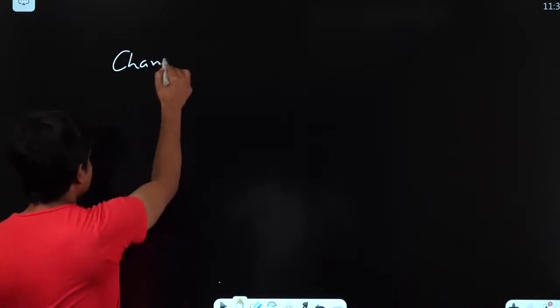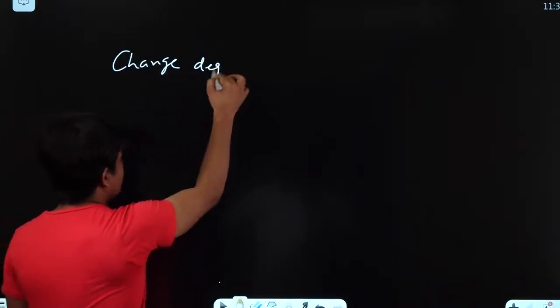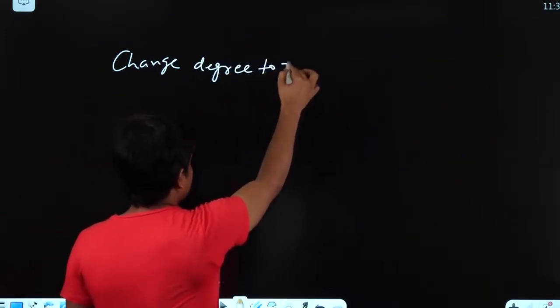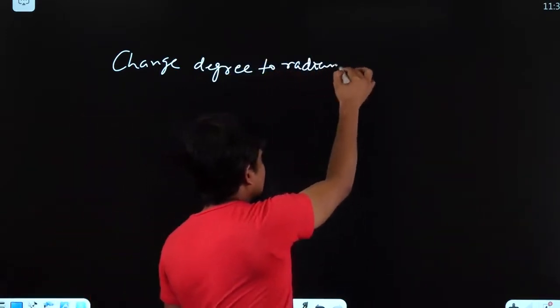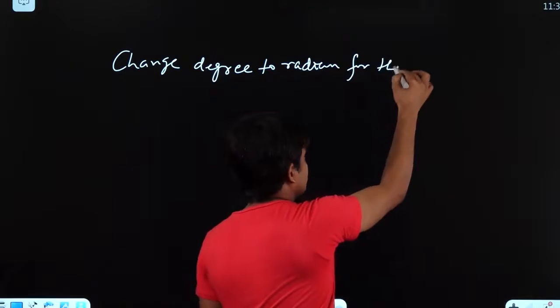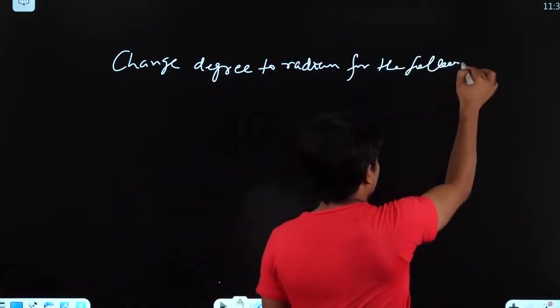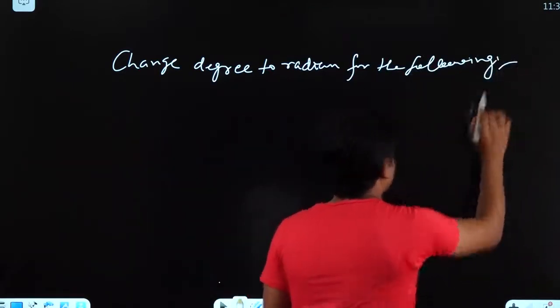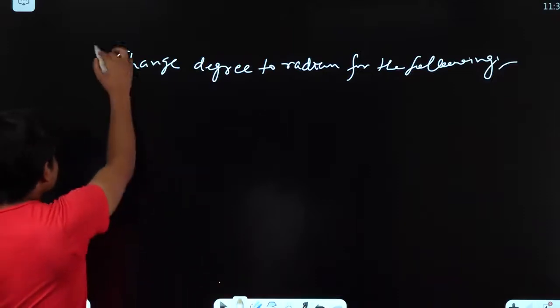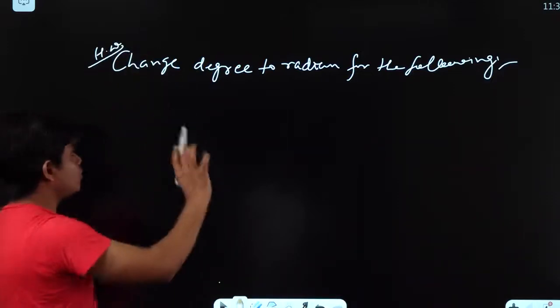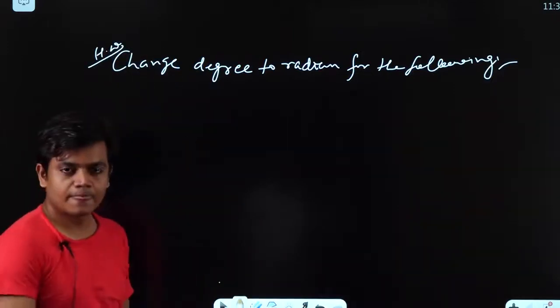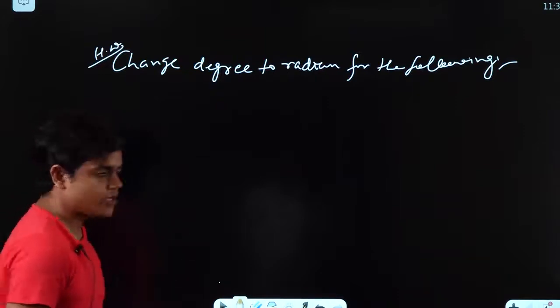And I would also like to tell you, change degree to radian for the following questions. Okay, so this is your HW. You have to change the degree angle into the radian measure.